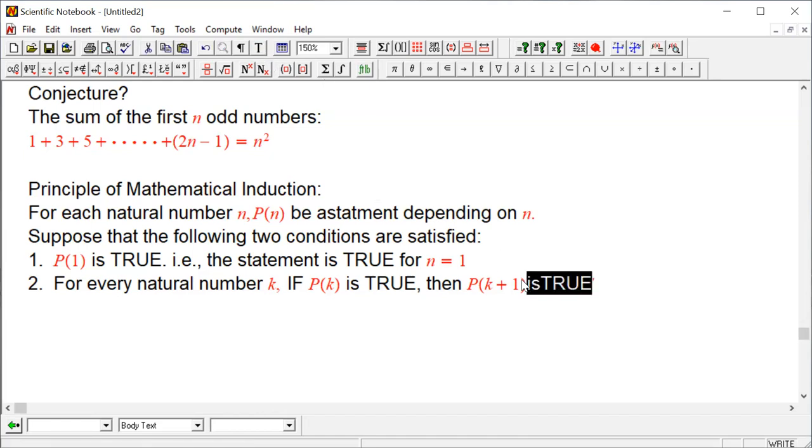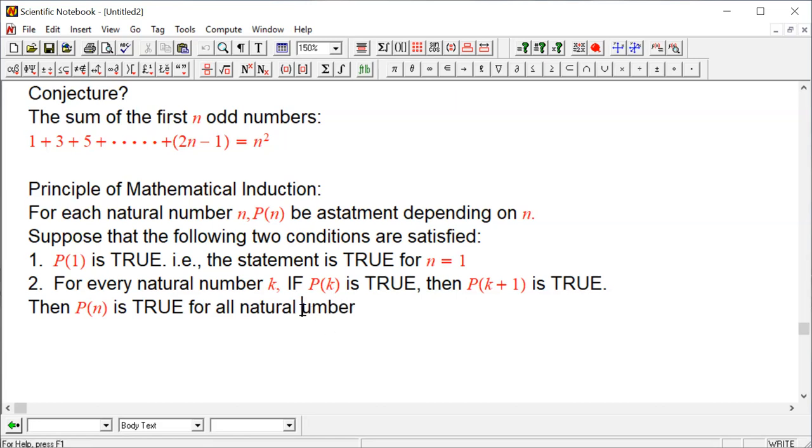So we make an assumption in the second step. We assume the statement is true for k, and then we prove that P(k+1) is also true, and then we can conclude that P(n) is true for all natural numbers n.